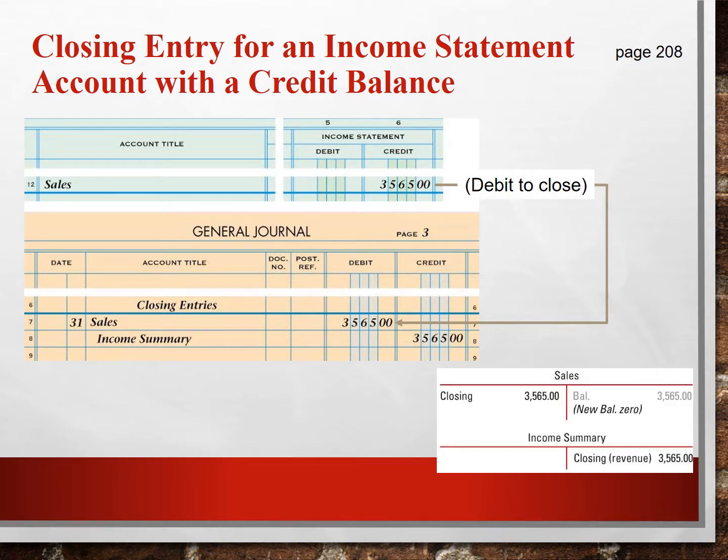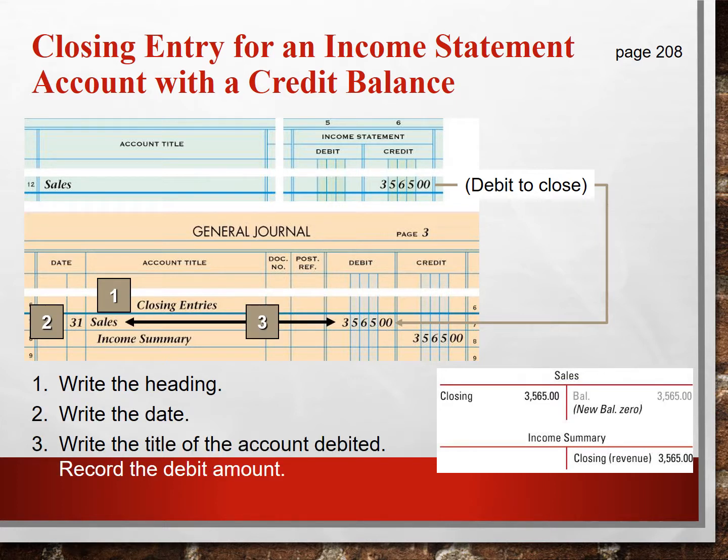So we're going to go to our general journal, and then after the last adjustment, we will write the words closing entries centered. Then we will write the date. We will write the account to be debited, which will be our sales account for $3,565.